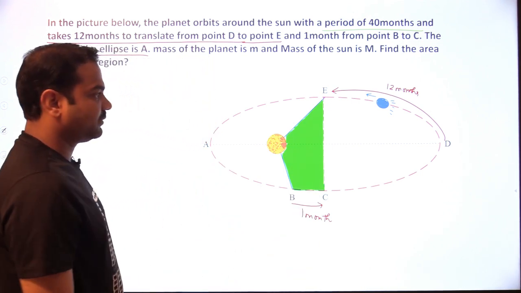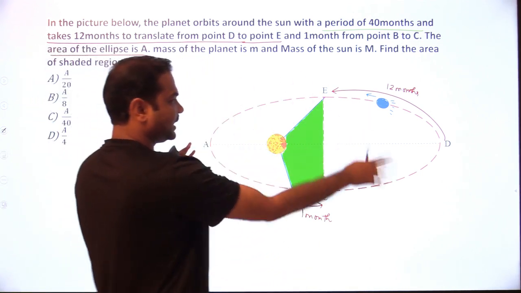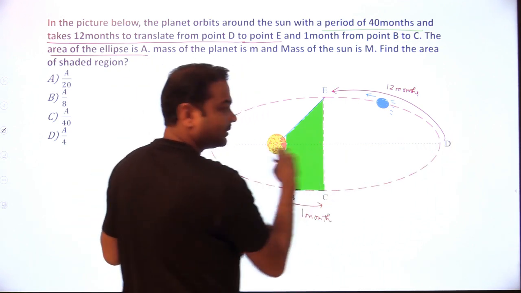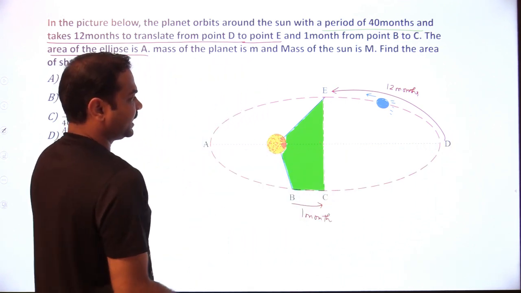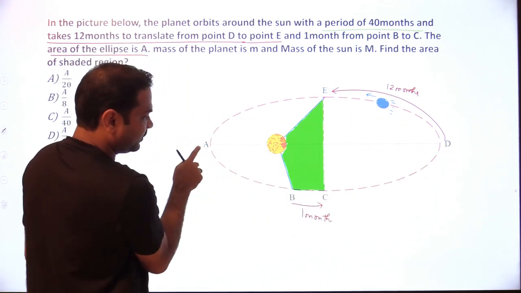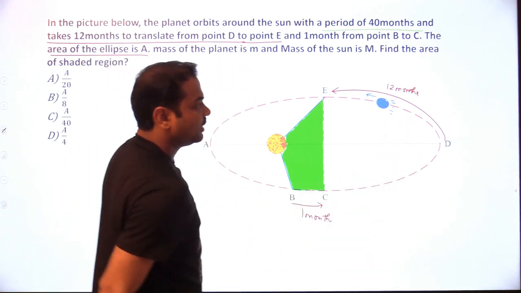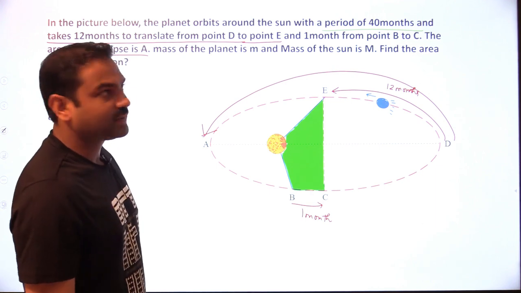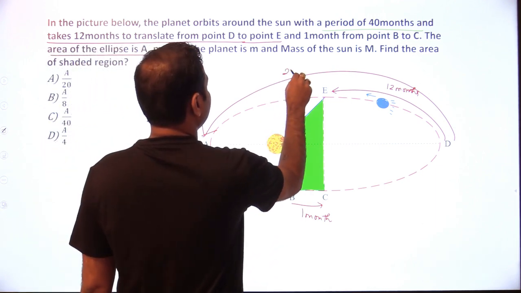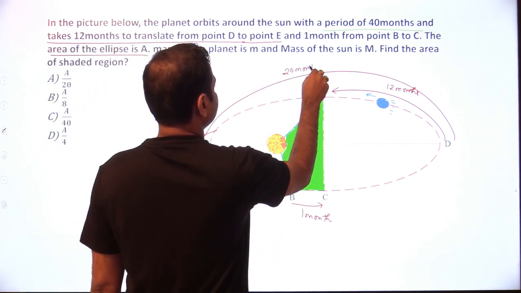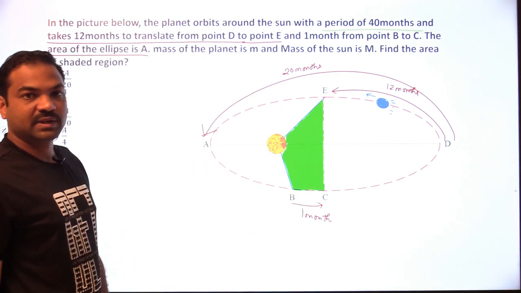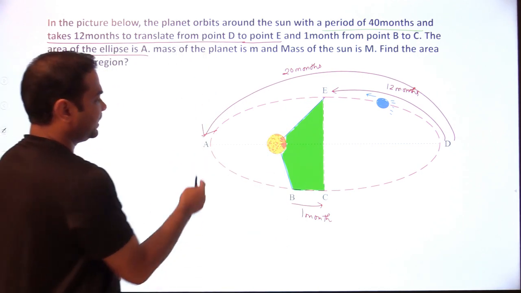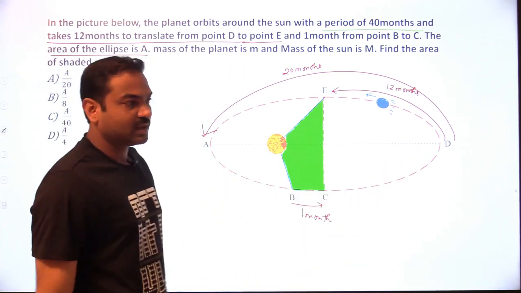Now we can say that this entire ellipse is symmetric about the AD line. So the time taken from D to A should be equal to A to D. So from here to here, the time taken will be half of the time period, which is 20 months, and here also you can take 20 months.